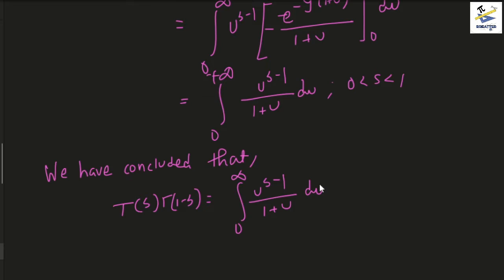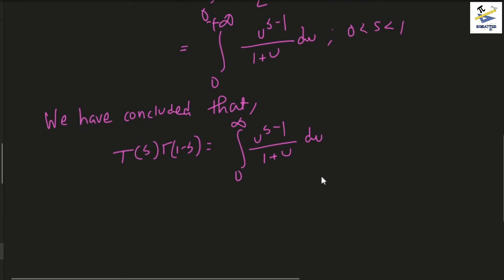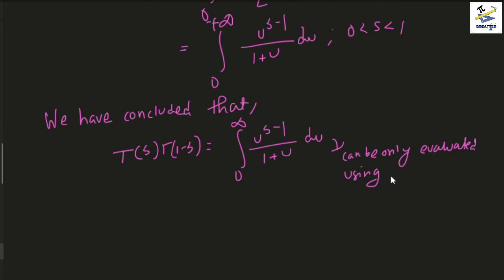But then I will just show you a whisker of how to do this, because you see in complex analysis when we do contour integration, this thing often comes to mind, and we see that u to the power s minus 1 by 1 plus u is an integral which can only be evaluated using contour integration.